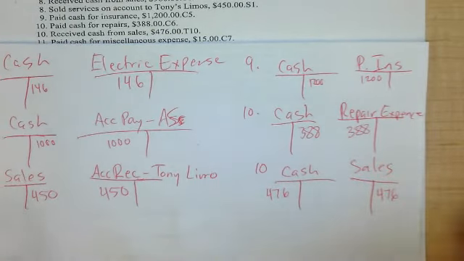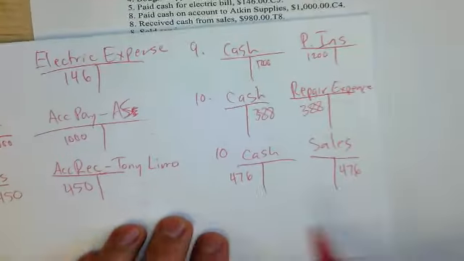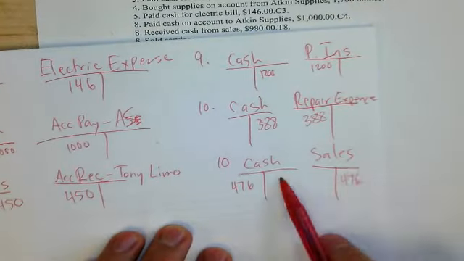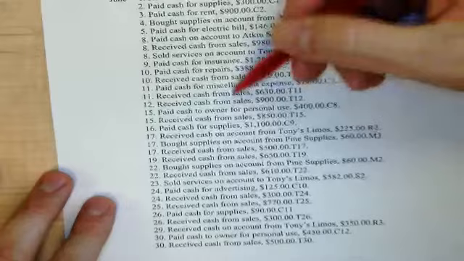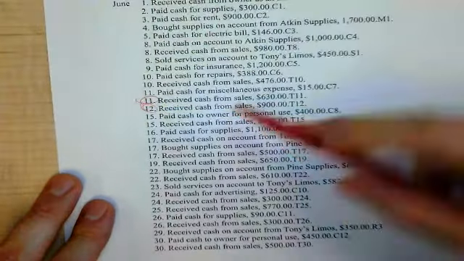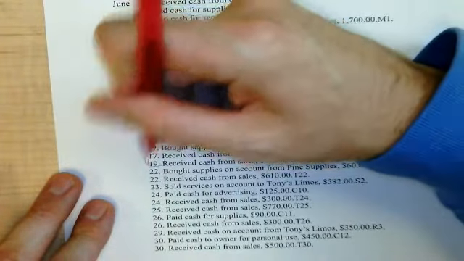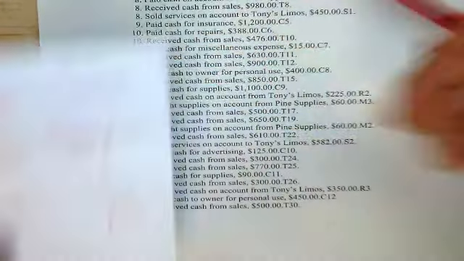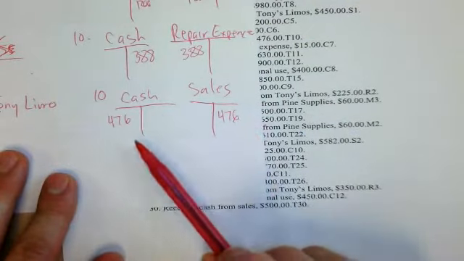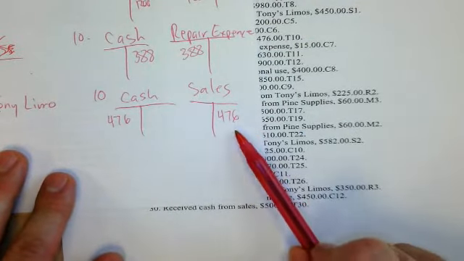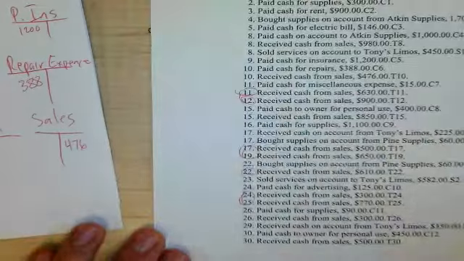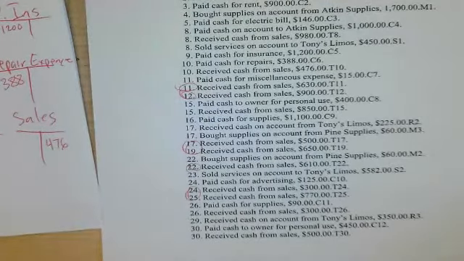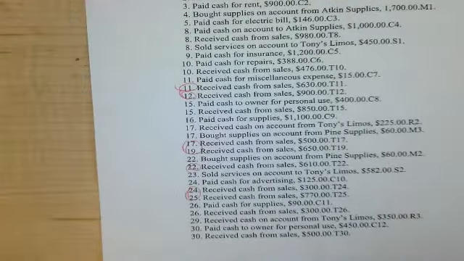Every single one that says receive cash from sales will look exactly like this: cash going up, sales going up. So if you got this one right, you will get a bunch of them right, because most businesses exist to make sales. You should be able to figure that out.